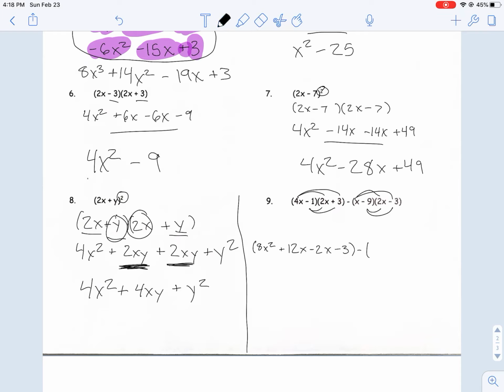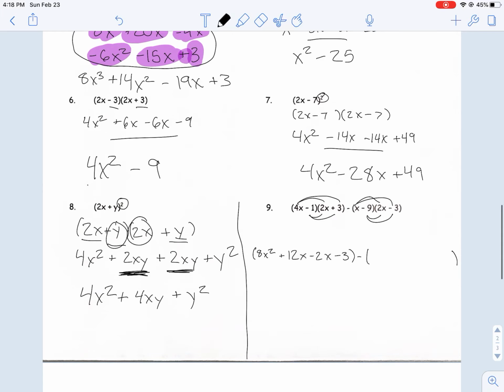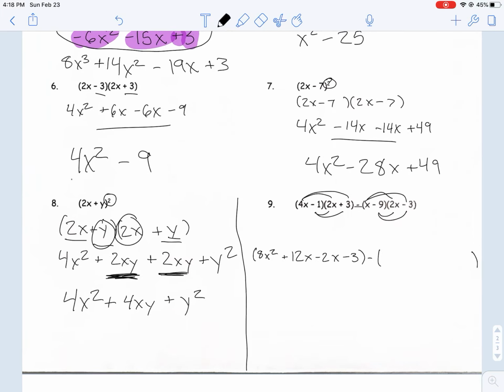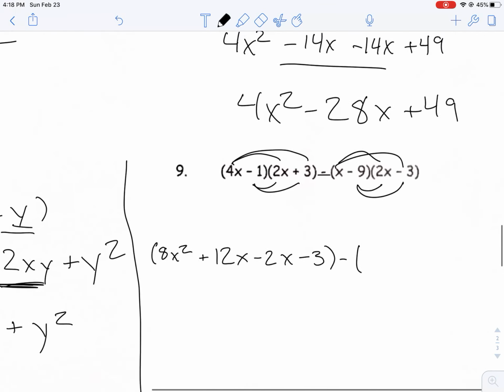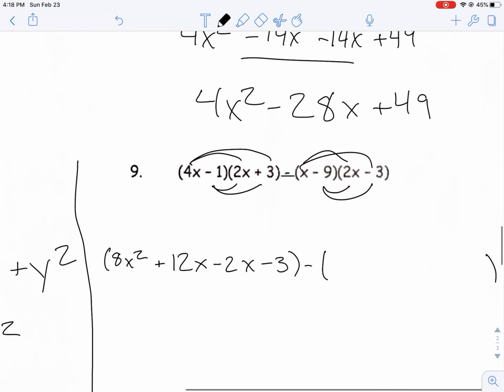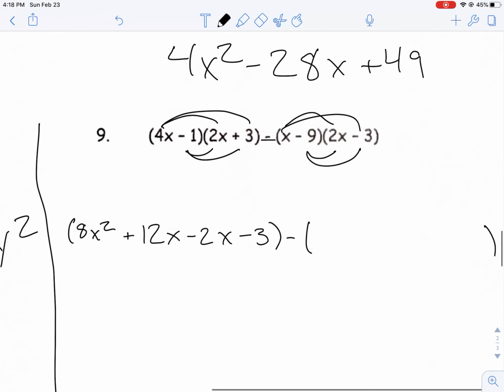Okay, so let's finish this up. I'm going to put this one in parentheses as well because basically this multiplication symbol is saying we're subtracting everything that's over here. So everything on this side is going to get subtracted once we're done FOILing it. So let's do the 2x and the x first. That'd be a 2x squared.